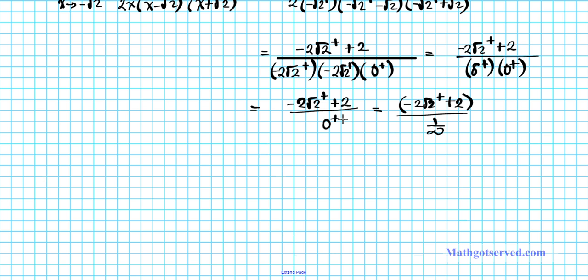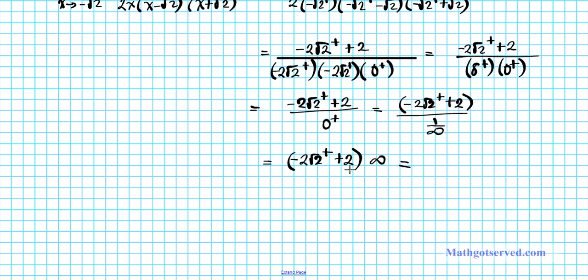Remember, it's a very small positive number, the same thing as 1 over infinity. And then now we just multiply the numerator, negative 2 root 2 from the right plus 2, by the reciprocal of the denominator, infinity. So what is this going to be?